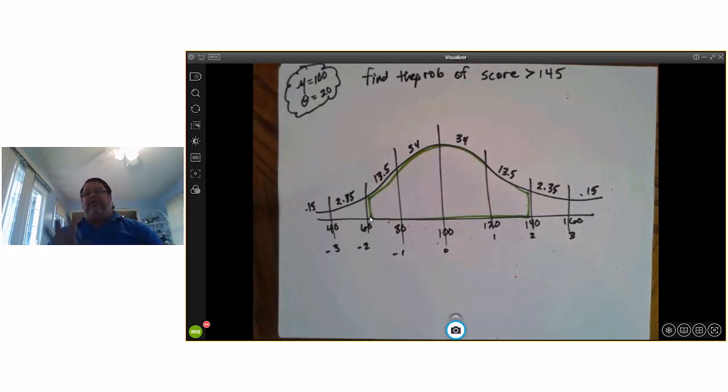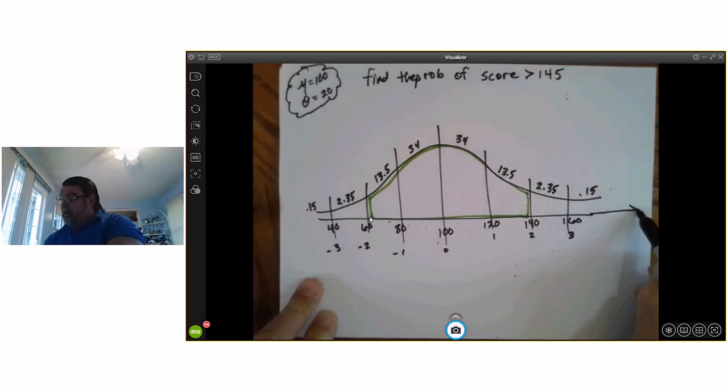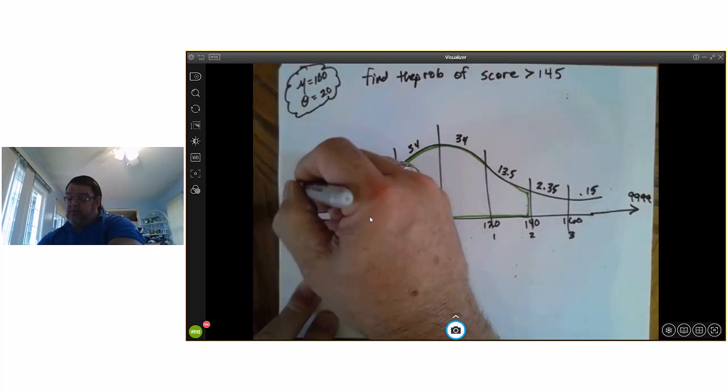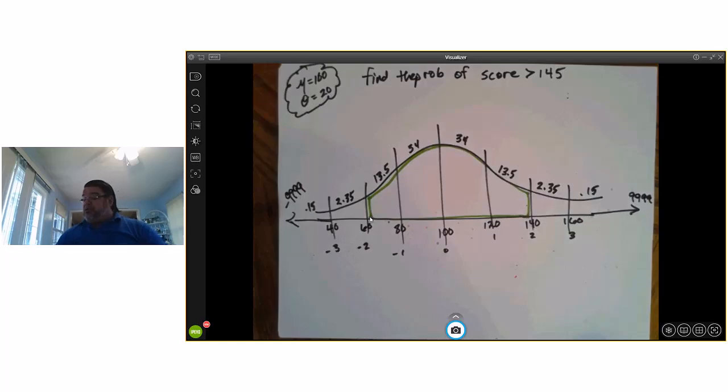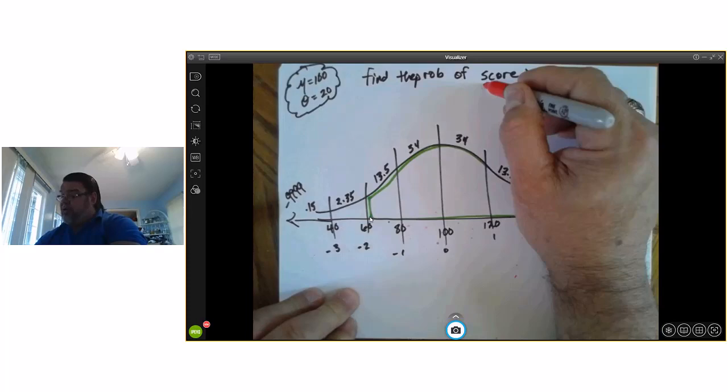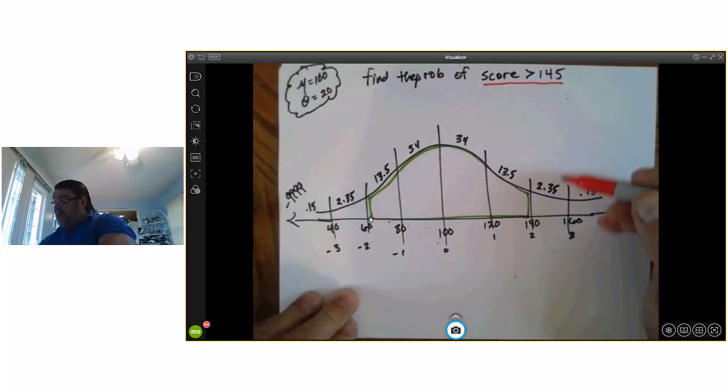Now, if you have a newer calculator, all you have to punch in is 145 to infinity. Don't forget your infinities, 9999 and negative 9999. Okay, they want a score of 145. So let's just go ahead and plot 145 because we want to make sure we know what we're doing. Score greater than 145. That's 160.